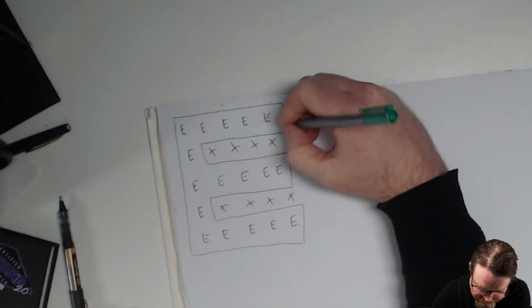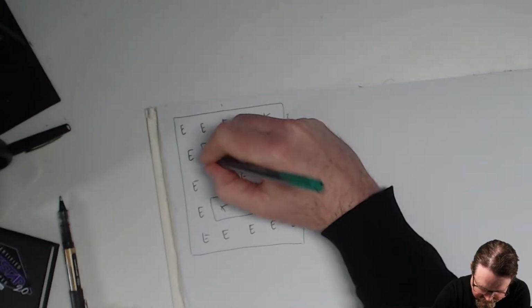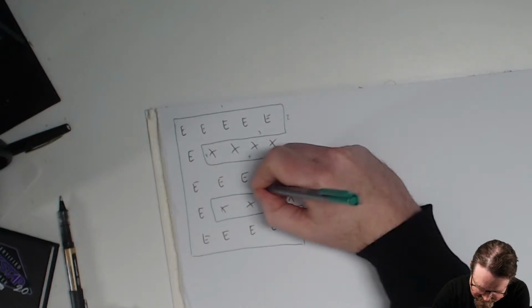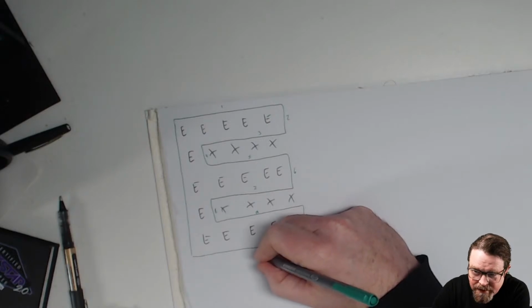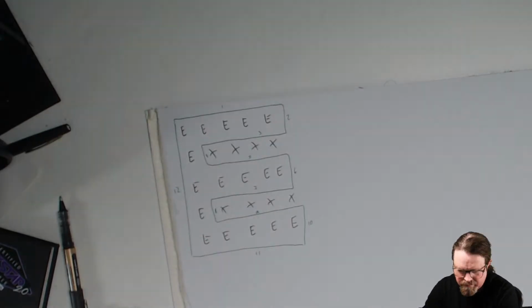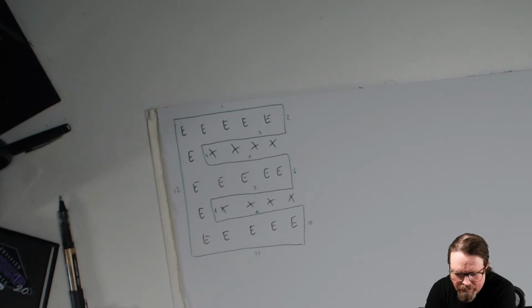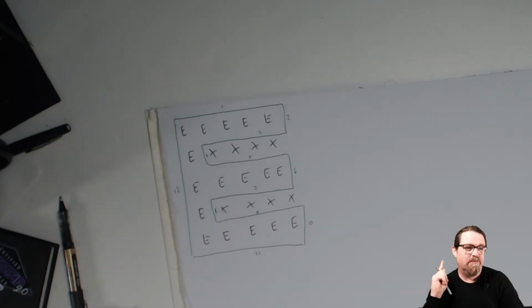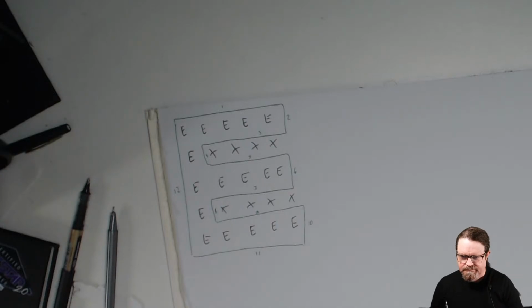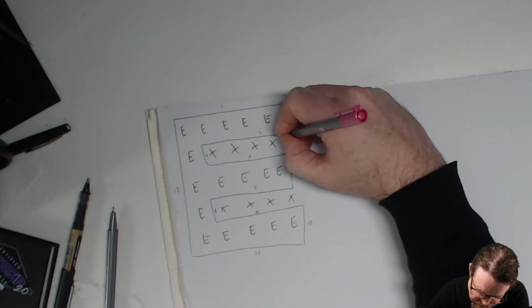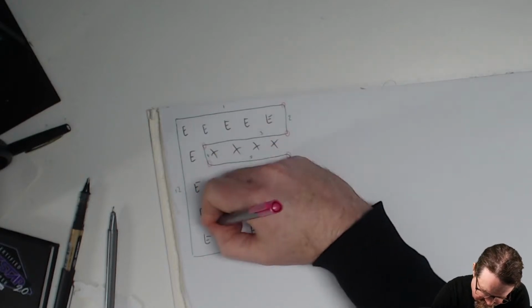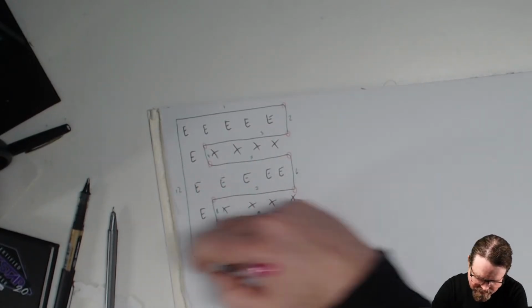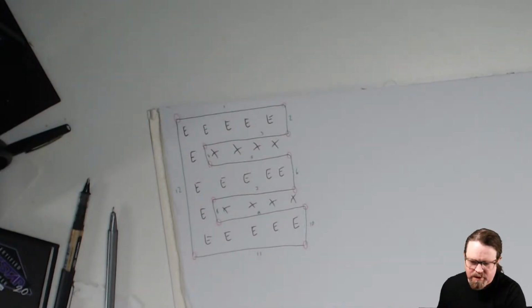So we got one side, two sides, 3 sides, 4 sides, 5 sides, 6 sides, 7 sides, 8 sides, 9 sides, 10 sides, 11 sides, 12 sides. Okay, but 12 sides also means 12 corners: one corner, 2 corners, 3, 4, 5, 6, 7, 8, 9, 10, 11, 12 corners.